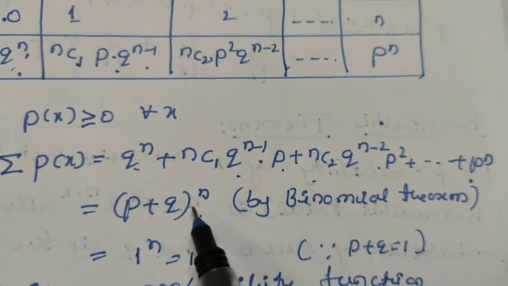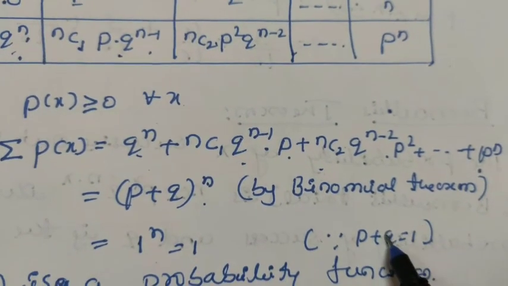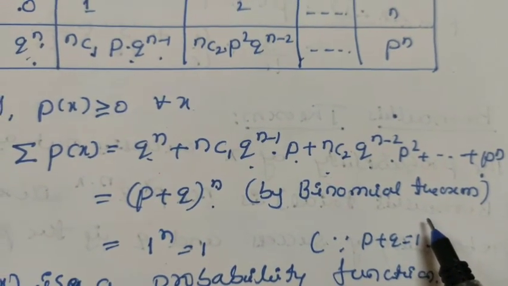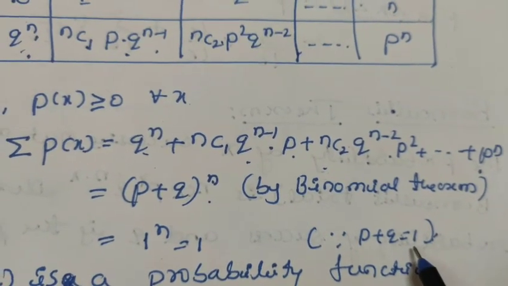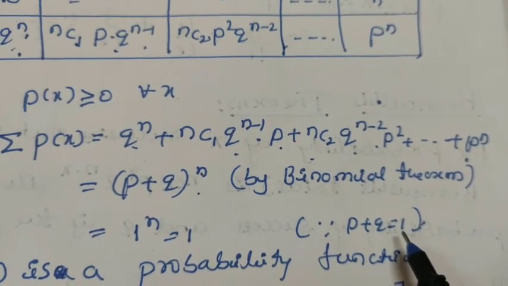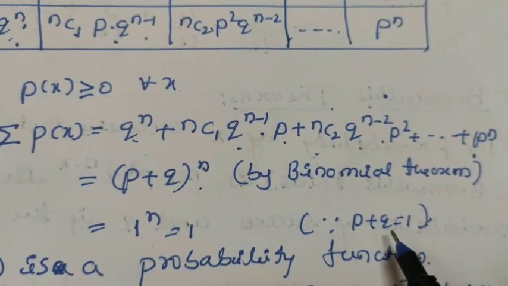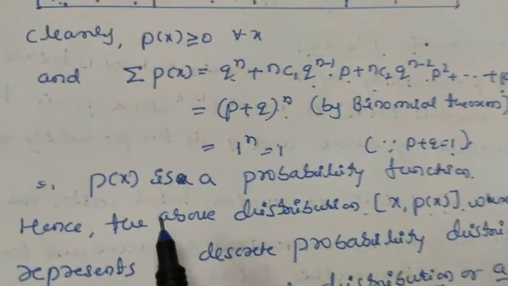And we know p plus q equals 1, because the number of failures plus the number of successes equals 1: if one is success then the other is failure, and vice versa. Adding those two you get 1, because we have only two outcomes.